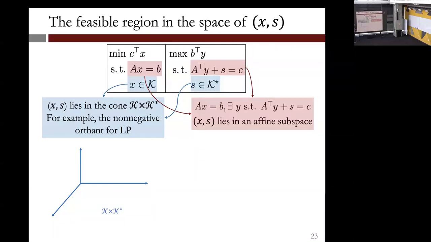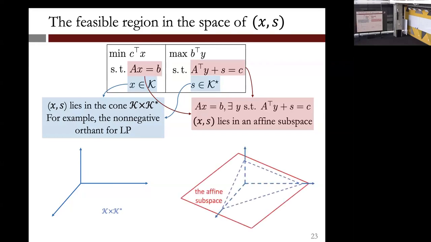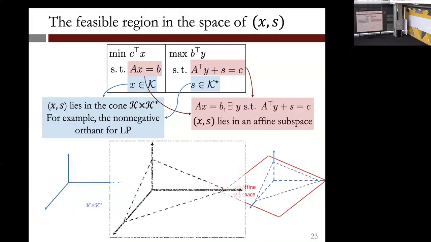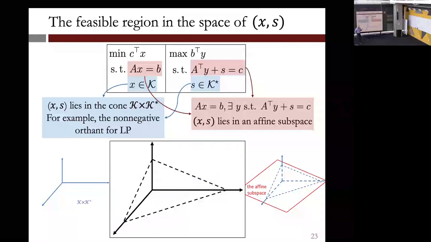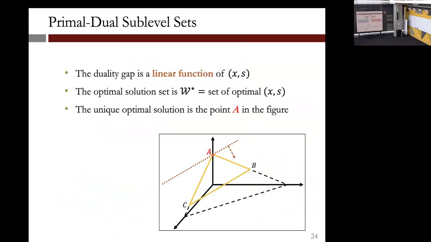Here I have the combined cone of the X's and the S's, and on the right, the affine space that they both have to sit in. So in the space of my cone variables, X and S, I just have to lie at the intersection of some cone in 2n-dimensional space and some affine variety in there.